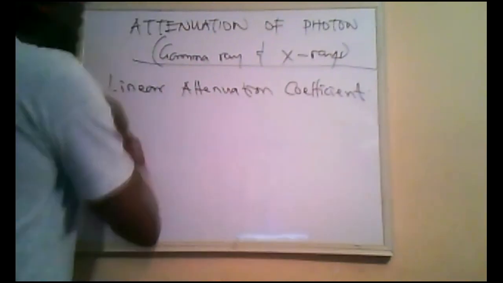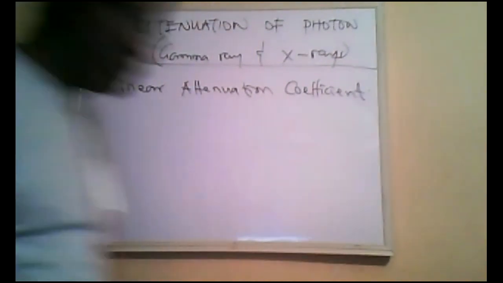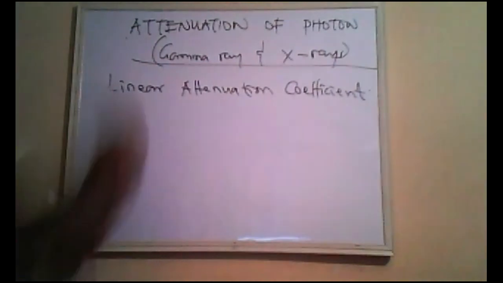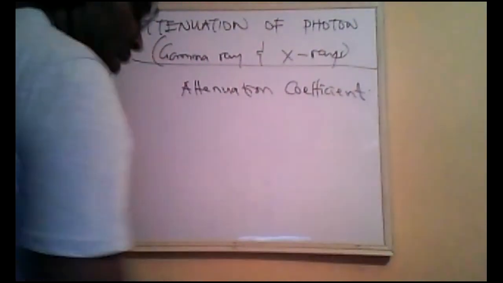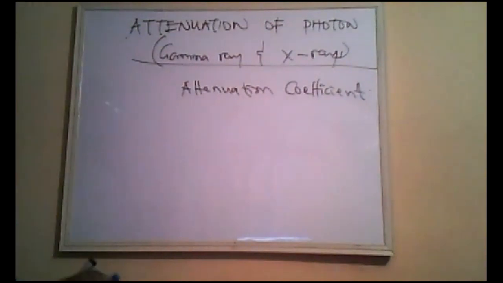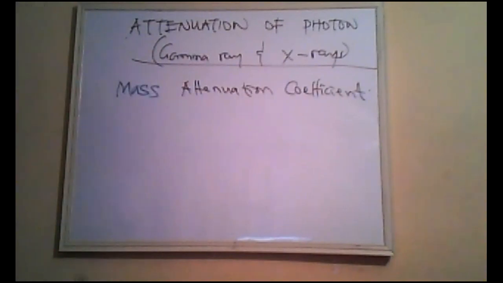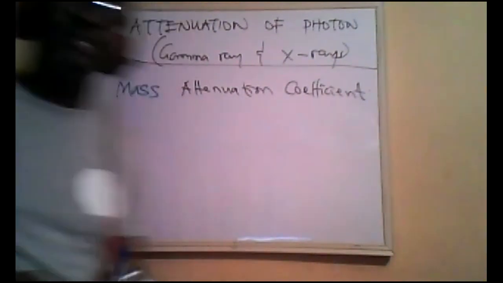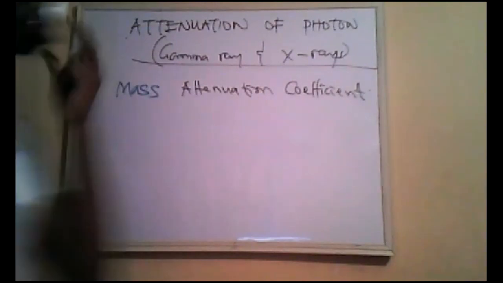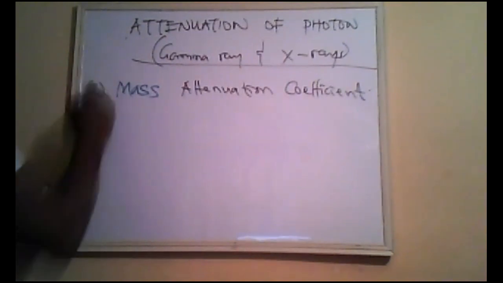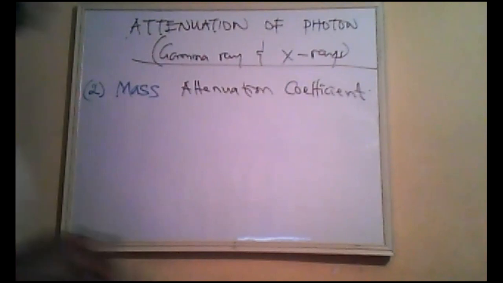Now, if we don't want to look at the attenuation by means of the linear relationship, I want to consider another type of attenuation, the mass attenuation coefficient. In the mass attenuation coefficient, we don't want to bother ourselves with the density. It is what we look at when we want to consider the rate at which energy is removed from the material.